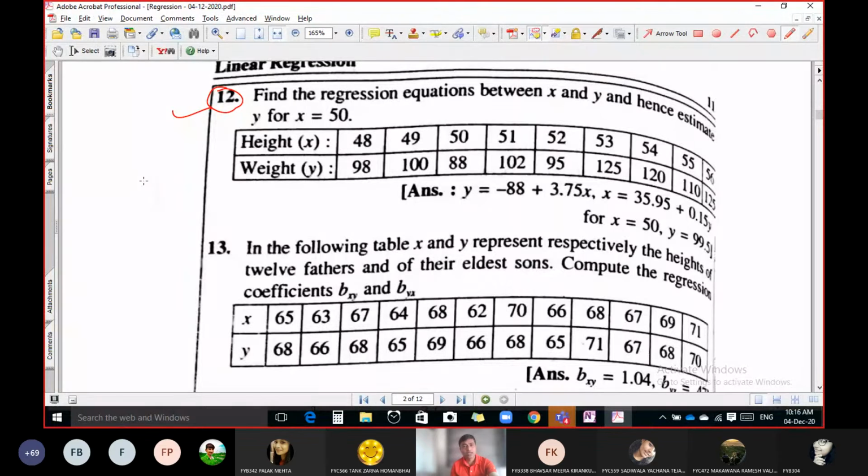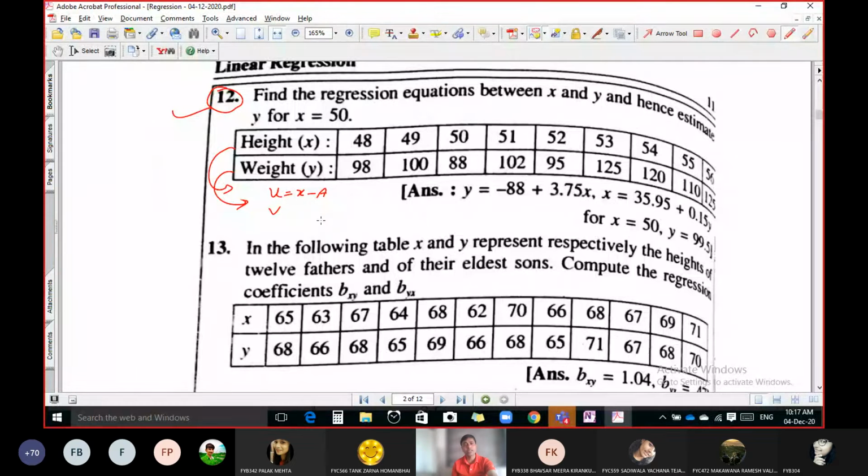Assumed mean, correct. You are right. You have to convert this x and y into new variables, u and v. You can write u equal to x minus a, and you can divide if all values are divisible by one fixed value.